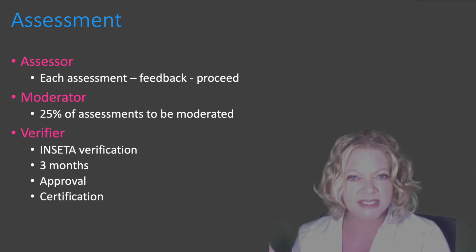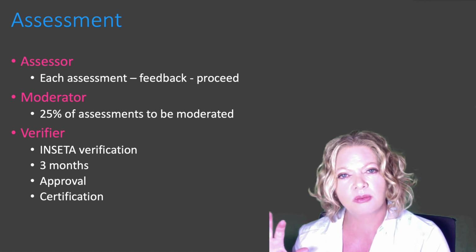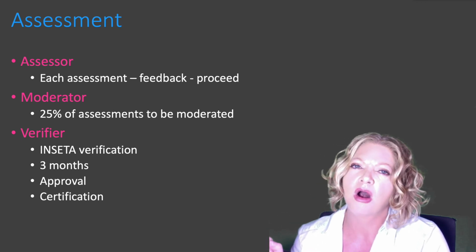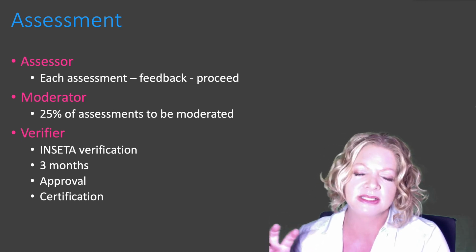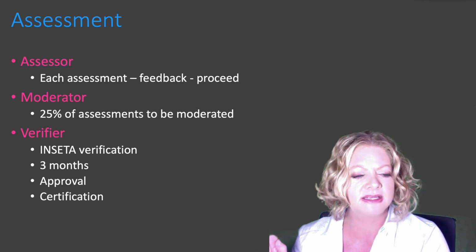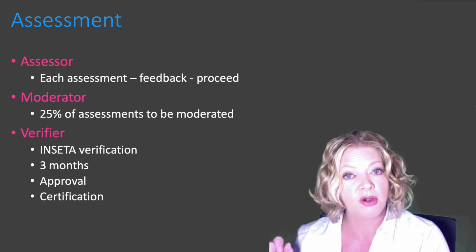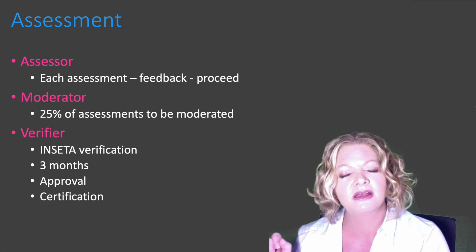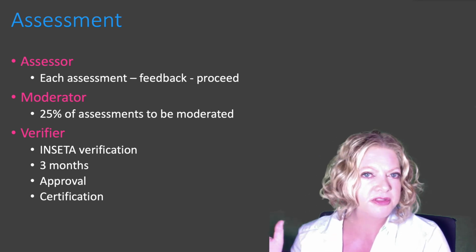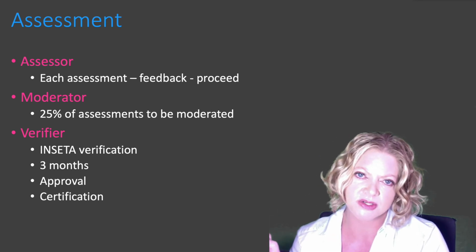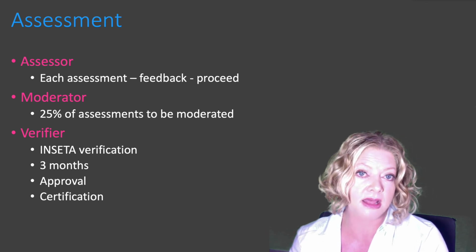Okay. So we assess. Now a moderator will moderate 25% of all of the assessments that we have done, right? And then the verifier will come, and the verifier will verify all of the qualifications that we've done. They will also do a sample, and they will then approve it.